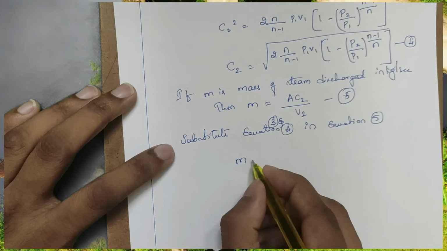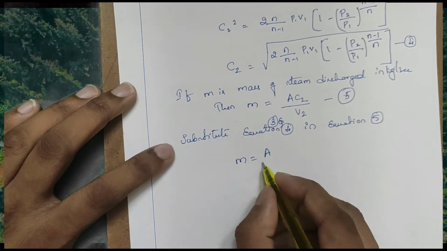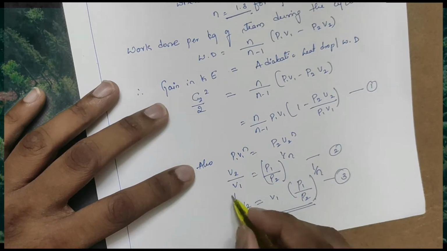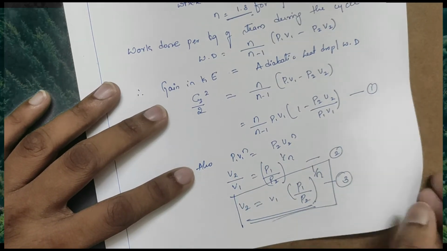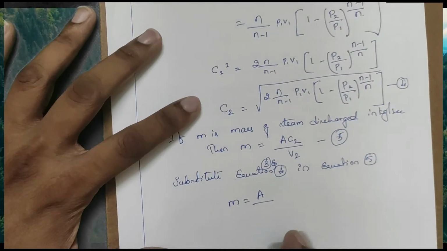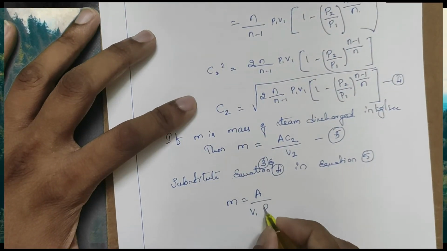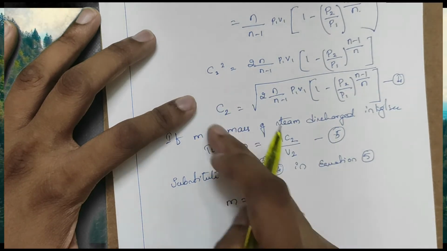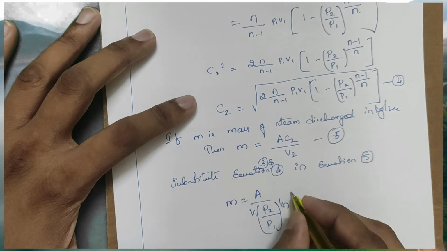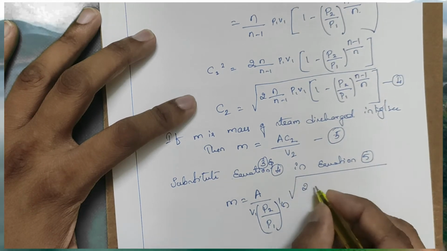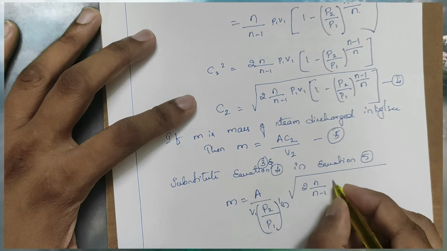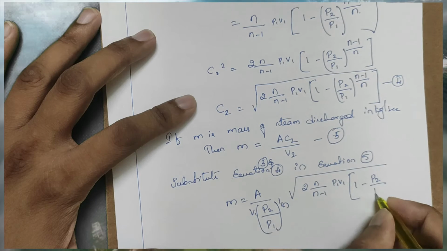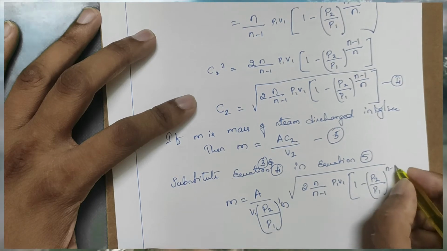So mass is equal to area. Okay, fine. What is V2? You already know V2 is equal to V1 into (P1 by P2) power 1 by n. Similarly, you substitute here, and then substitute the C2 value: square root of 2 into n by n minus 1 P1 V1 into 1 minus (P2 by P1) power n minus 1 by n.